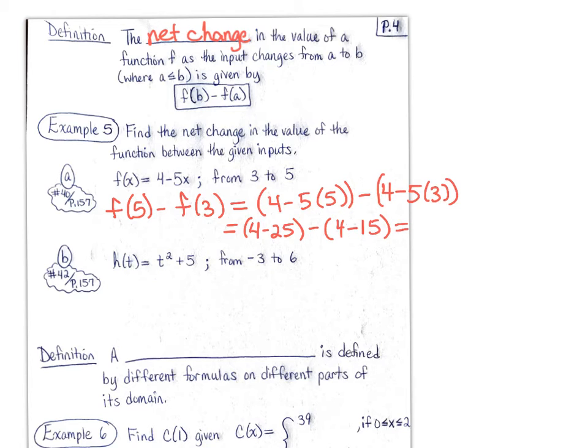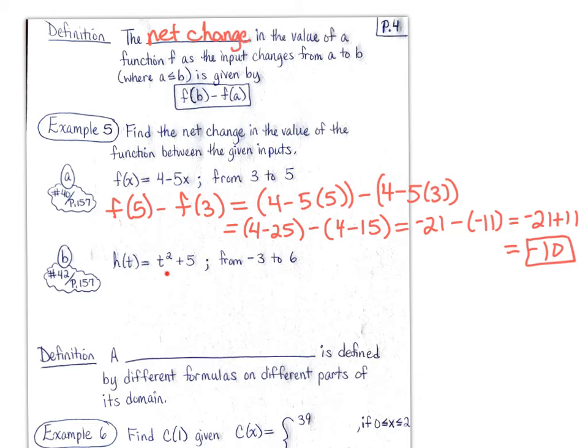Now, 4 minus 25 is negative 21, minus, what's 4 minus 15? Negative 11, good. So that gives us negative 21 plus 11, because subtracting a negative gives us a positive. What do we get? Negative 10. Good. That's it.